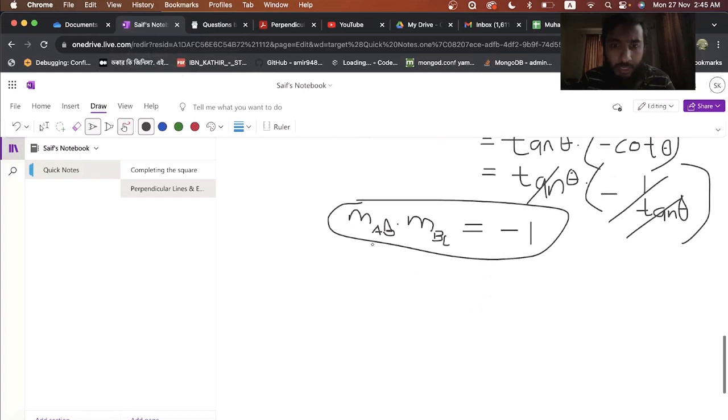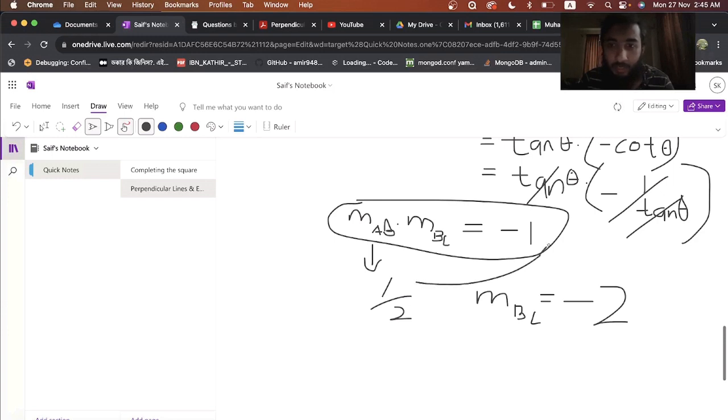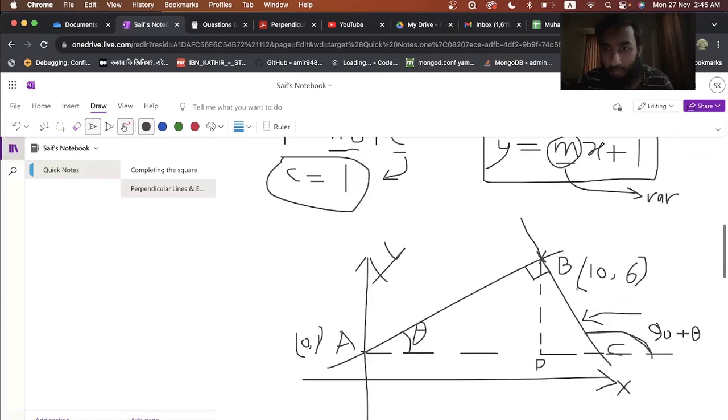So the value of this is half. So m of BC, or the slope of BC, is what? Minus 2. This is the slope of this line BC.